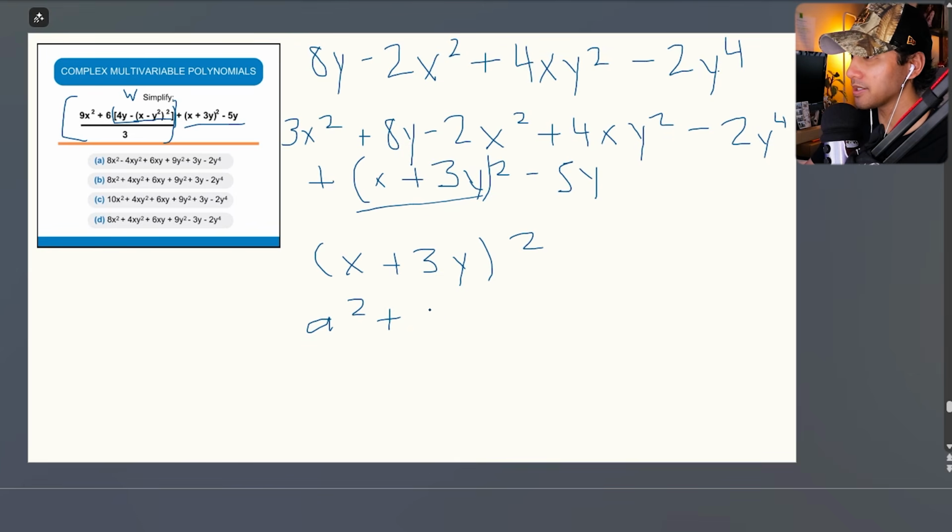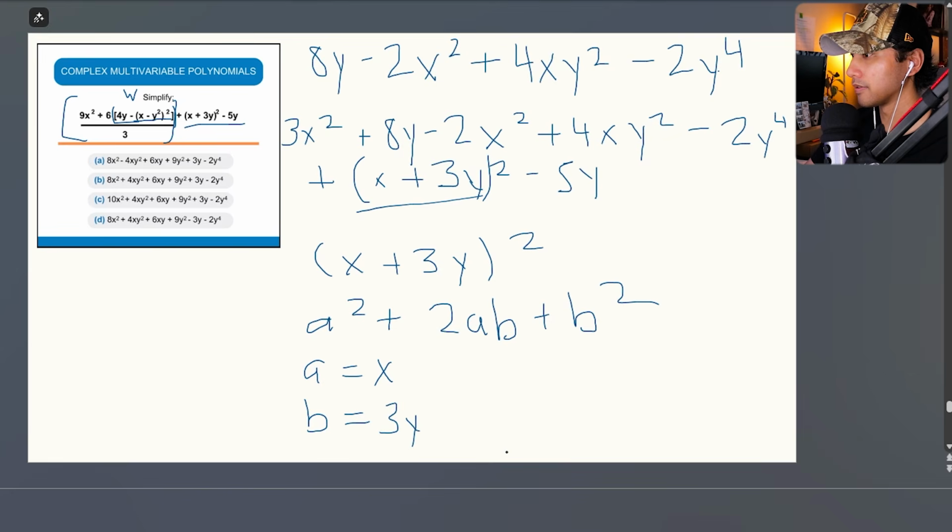A squared plus 2ab plus b squared. Okay? Now, I'm going to indicate what these are. A equals x and b equals 3y. All right, now let's substitute these into this formula.